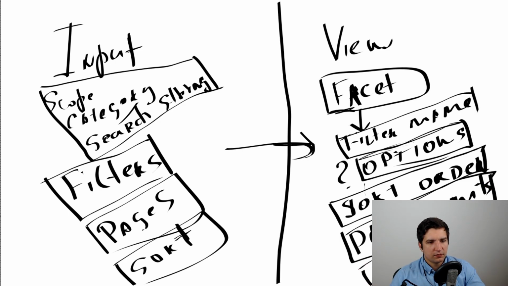And as the last thing, what we need to provide is those product IDs. The product IDs are going to be provided as a result for the view.